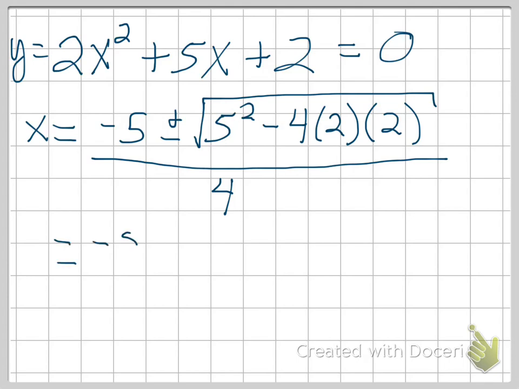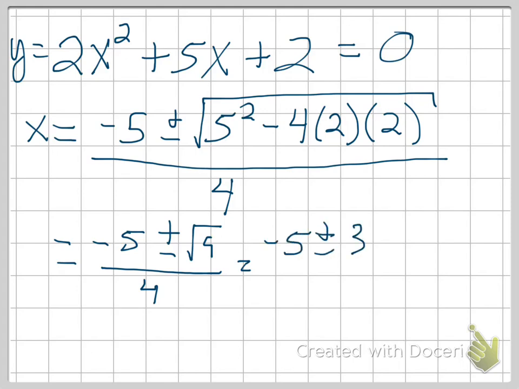So we'd have negative 5 plus or minus the square root. 4 times 2 is 8, times 2 is 16. 5 squared is 25. 25 minus 16 is the square root of 9. Oh, that works out nice. Over 4. So we get negative 5 plus or minus 3 over 4.